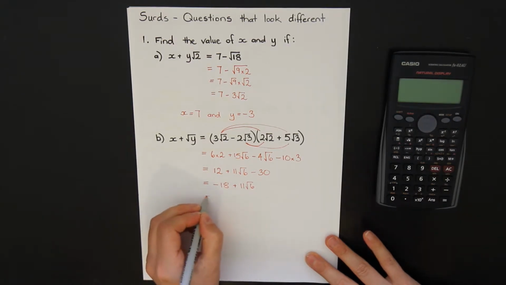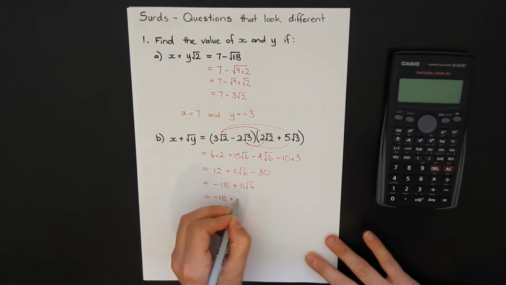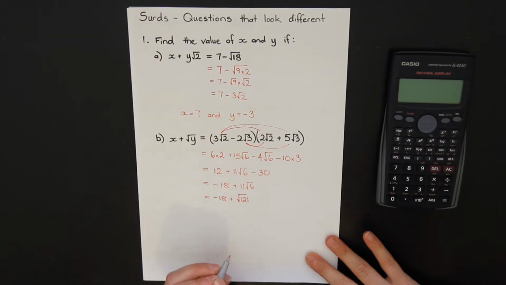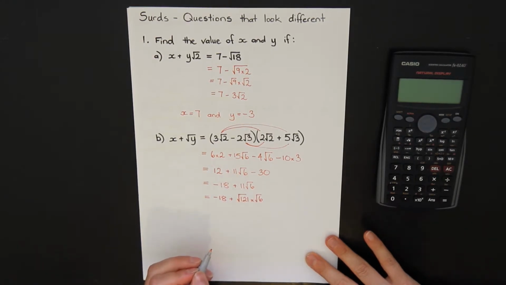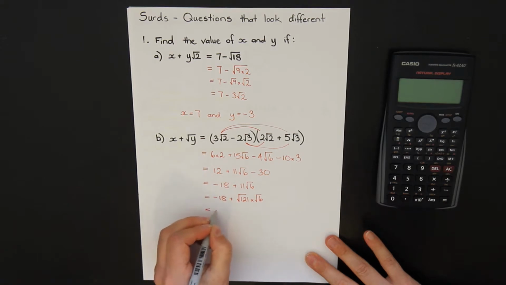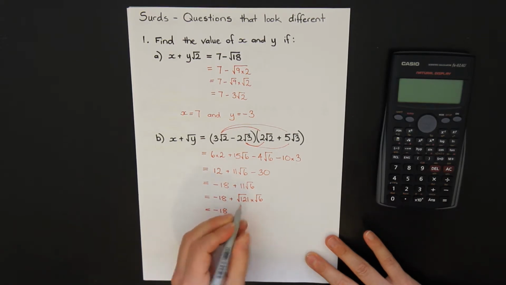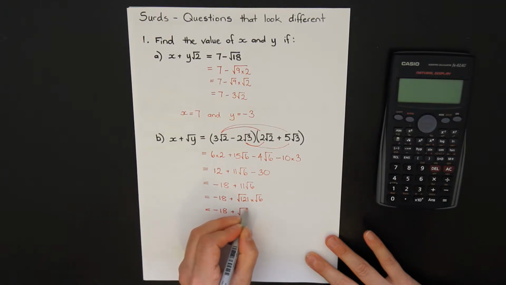So it's like the reverse of simplifying. To do that, 11 squared is 121. So I could change that 11 to be the square root of 121 times the square root of 6. Then I could put those two surds together. 121 times 6 is the square root of 726.